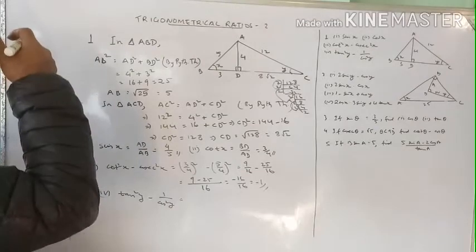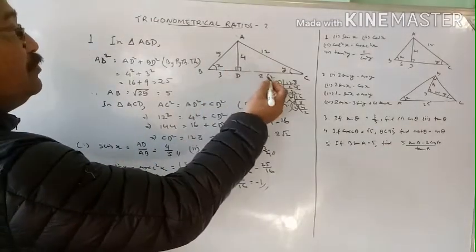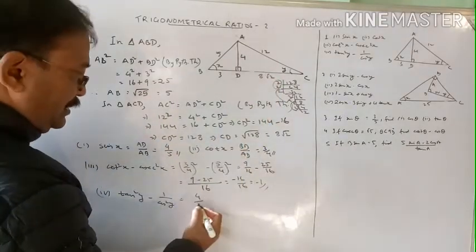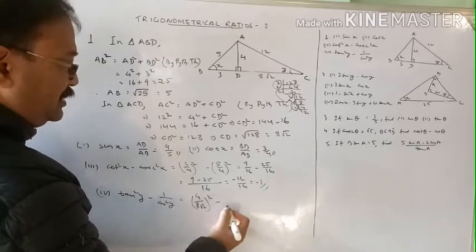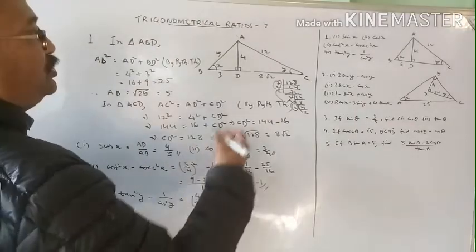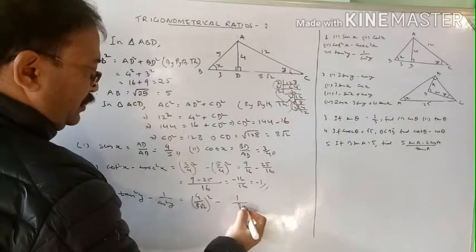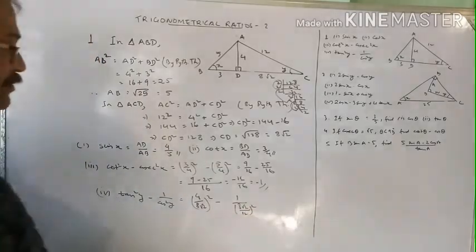Tan is P by B, so that is 4 by the base, 8 root 2, and its whole square, minus 1 by cos, which is B by H. So B by H, that is 8 root 2 by 12 and its whole square.